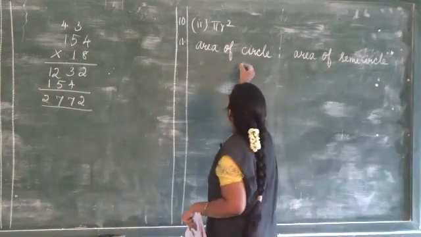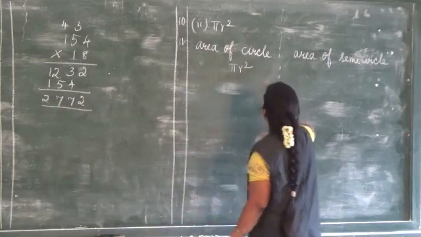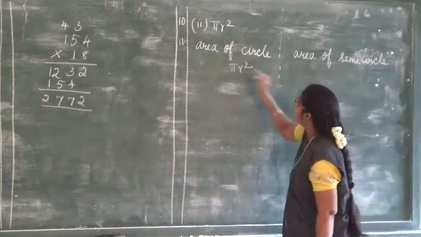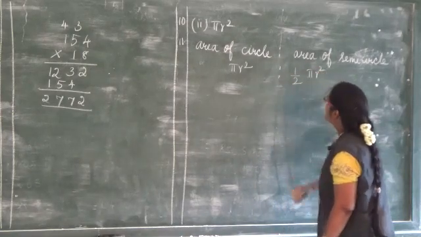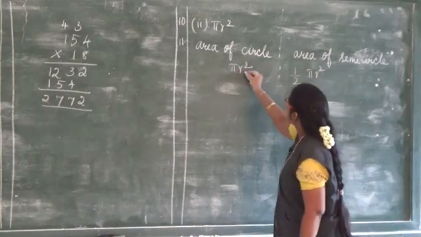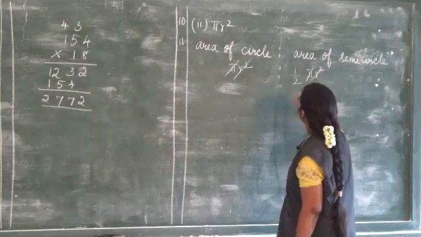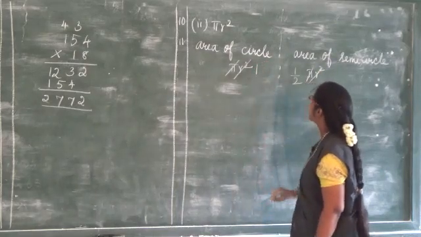So the area of the circle is pi r square. The area of the semicircle means half of this, half pi r square. Here we can cancel on both sides: pi will be cancelled, r square will be cancelled, the value will be 1 on this side.